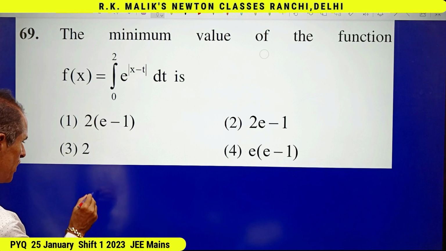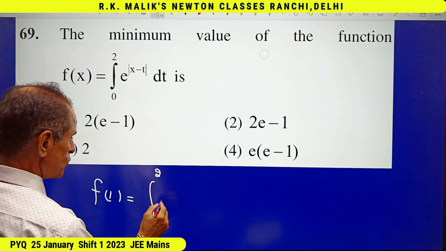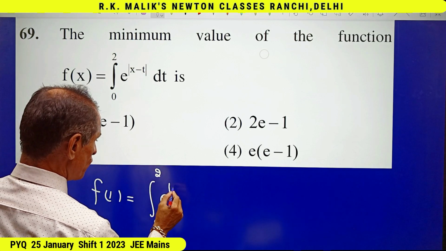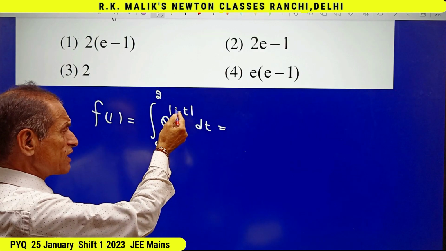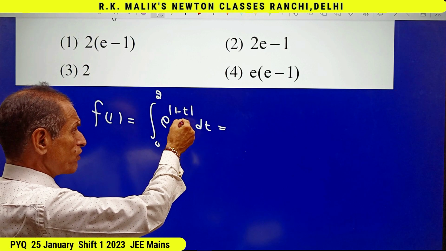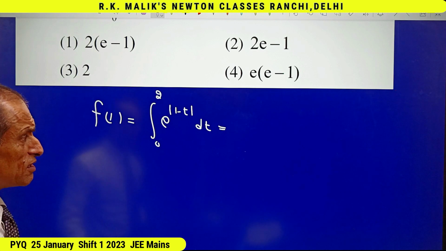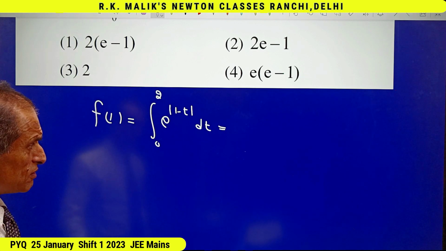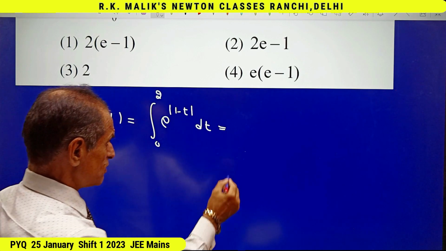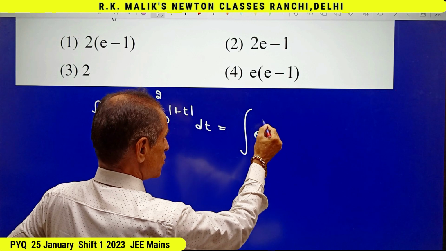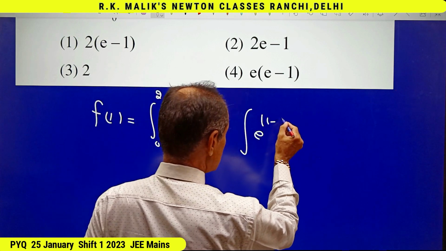And the minimum value will be f(1) equal to the integral from 0 to 2 of e^|1 minus t| dt. Either I can do it in this way: first case when 1 minus t is negative, second case when 1 minus t is positive, but that is a bit lengthy. But this thing will make it short, which I told you in the very beginning, that for t, write t plus 1.